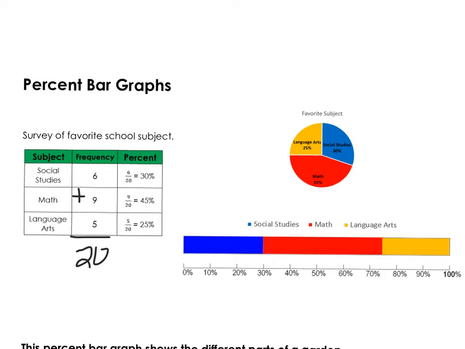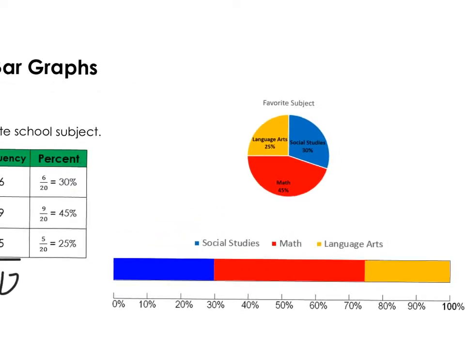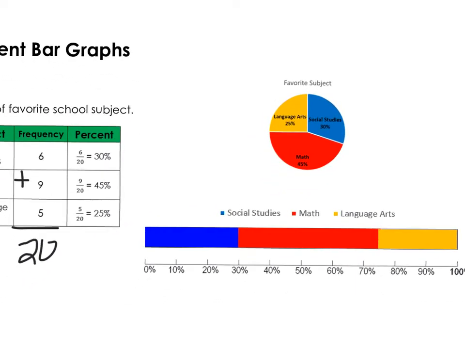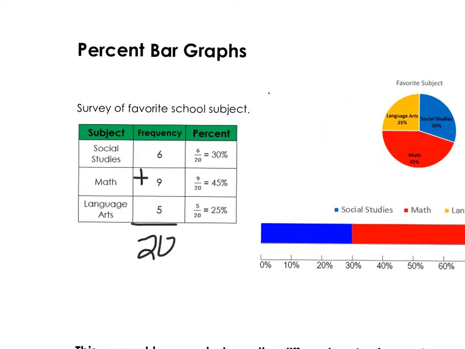So we're going to take this data from our frequency table. And first off, we're going to look at a pie graph. And you can see here how the subject social studies, which is in blue, was 30%.